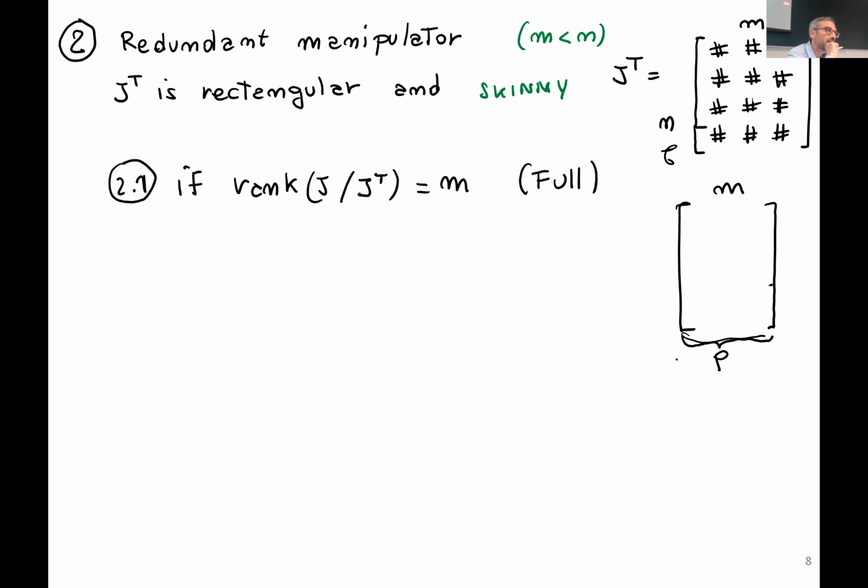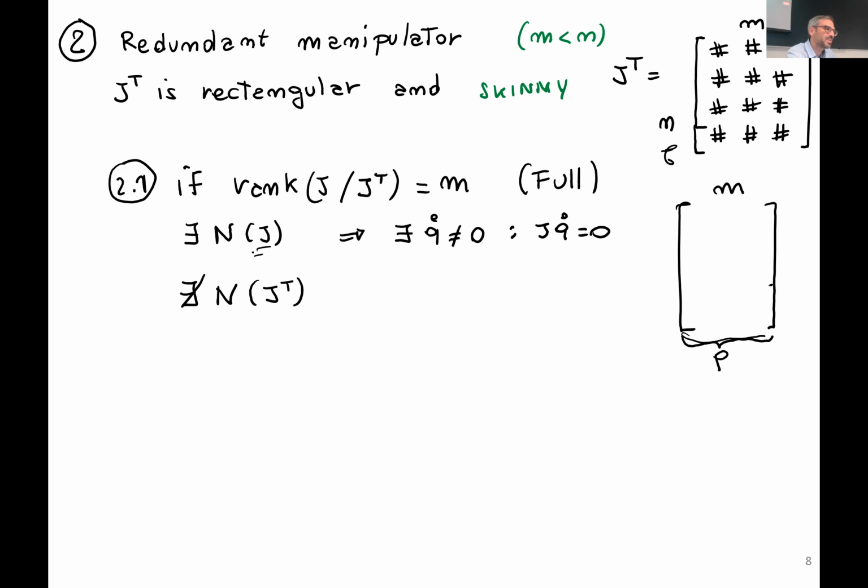Yes, for a redundant manipulator J has a null space. When I talk about J, we are talking about velocity. This is a tricky question. We have a null space because we are talking about a redundant manipulator, but for J transpose, the one that is drawn here, we don't have it because the rank is equal to n.